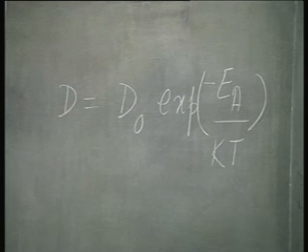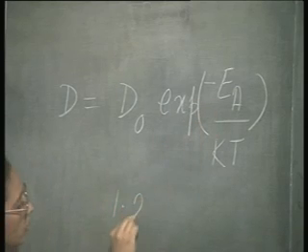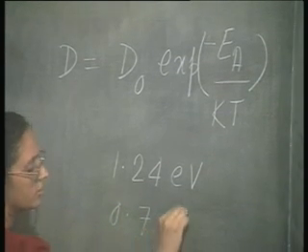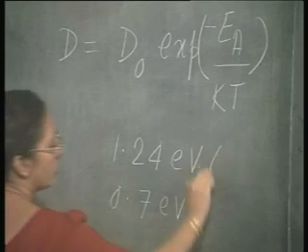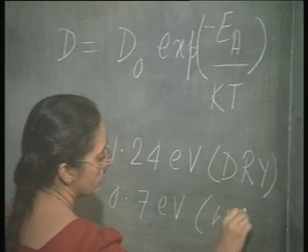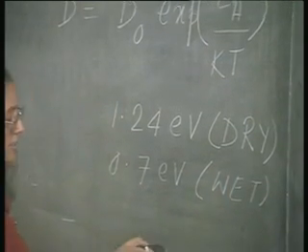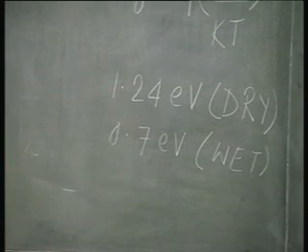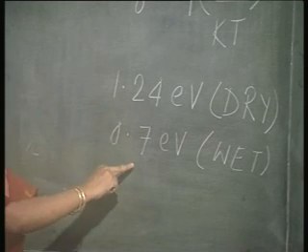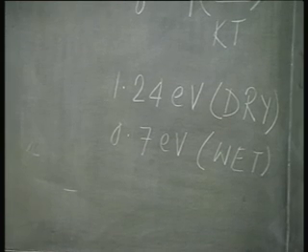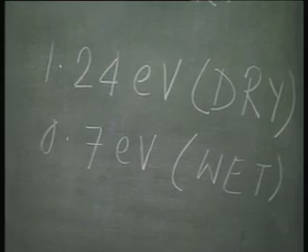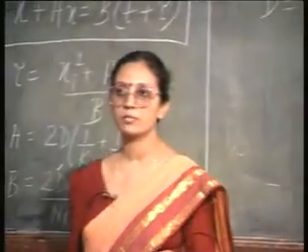And the value of this E_A is actually 1.24 electron volt for dry oxidation and 0.7 electron volt for wet oxidation, and the interesting thing is it sort of matches with the diffusivity of oxygen and of water vapor through silicon dioxide, signifying that this process is actually governed by diffusion.